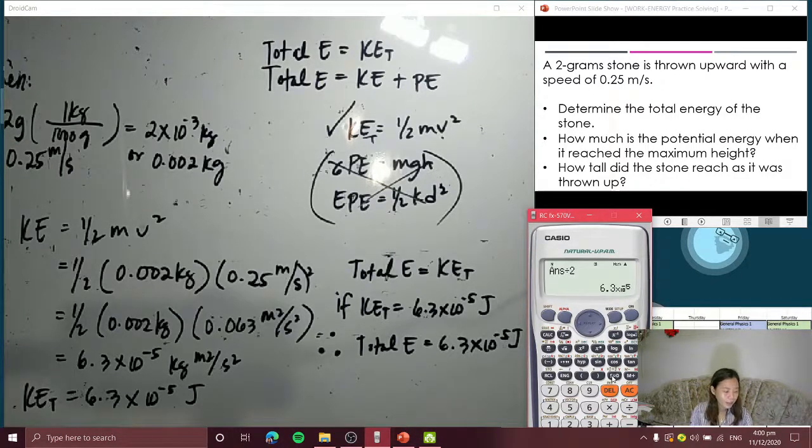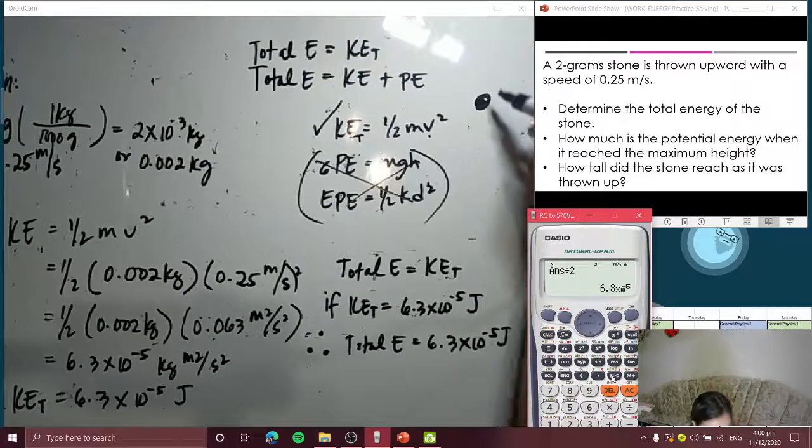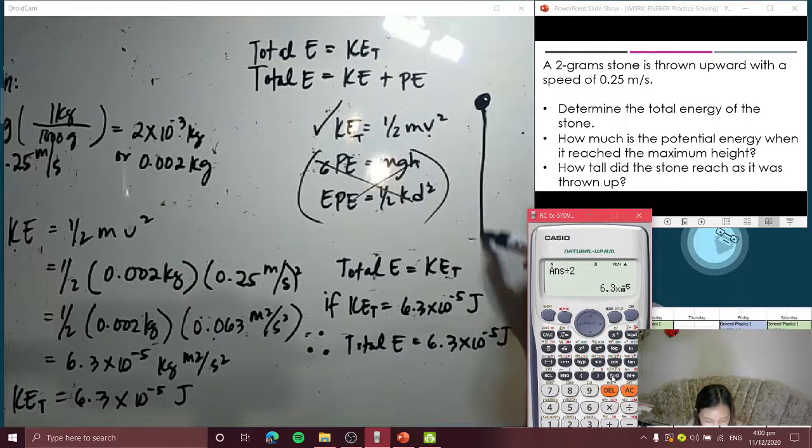Okay, now let us try to solve for our second unknown value naman. Okay, so diba throw ang object upward. So if this is the stone, throw siya upward.